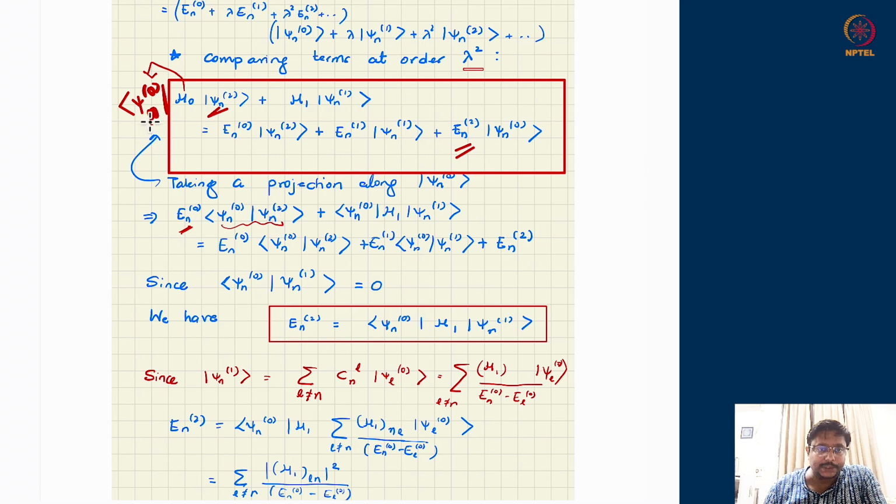Now the second term here, the H1 will get squeezed between psi n1 and psi n0. This psi n0 is not an eigenfunction of H1, so I will not get something like this. Here En0 came about because psi n0, coming from the left, is an eigenfunction of the unperturbed Hamiltonian H0. It is not an eigenfunction of H1, so I cannot do anything about it. I only have to keep it this way.